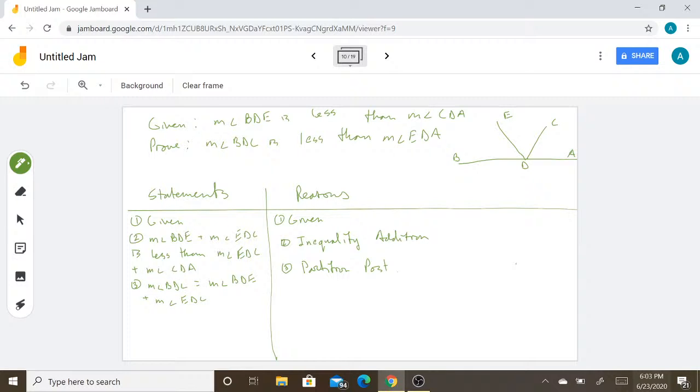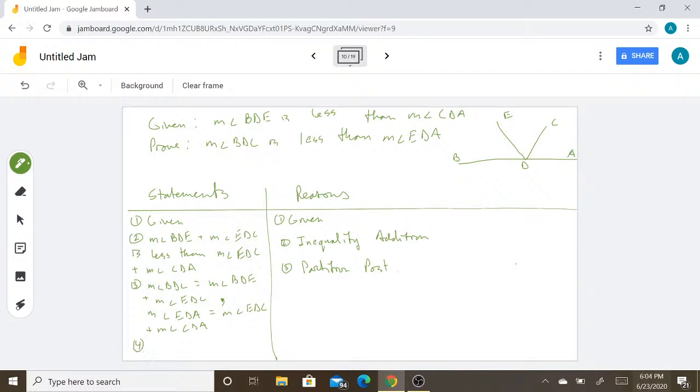And with this partition postulate, we can also say that the measure of angle EDA equals the measure of angle EDC plus the measure of angle CDA.